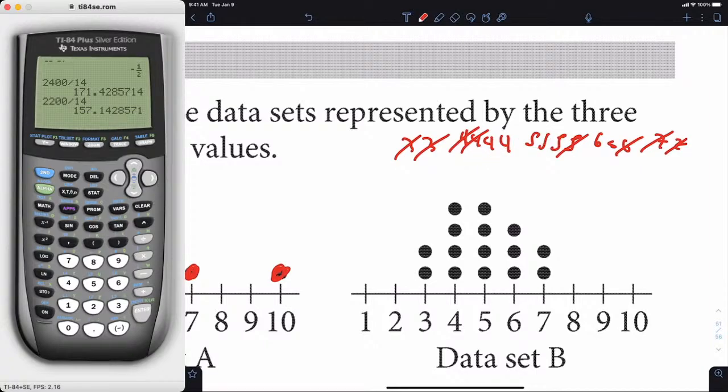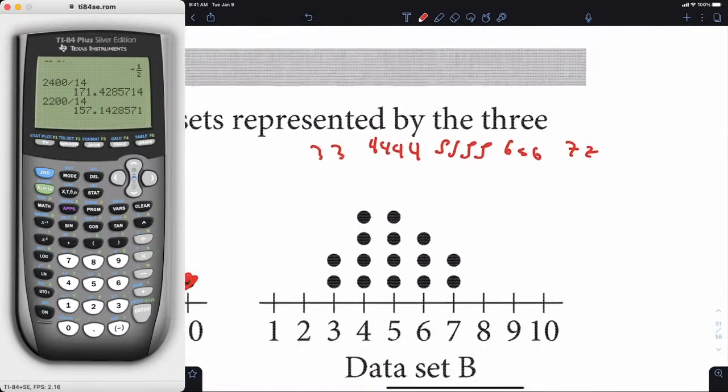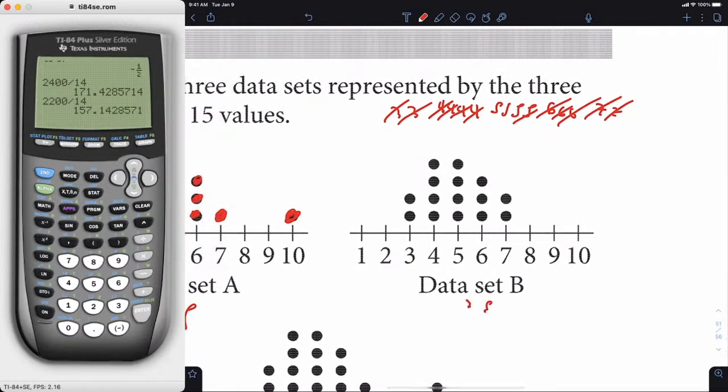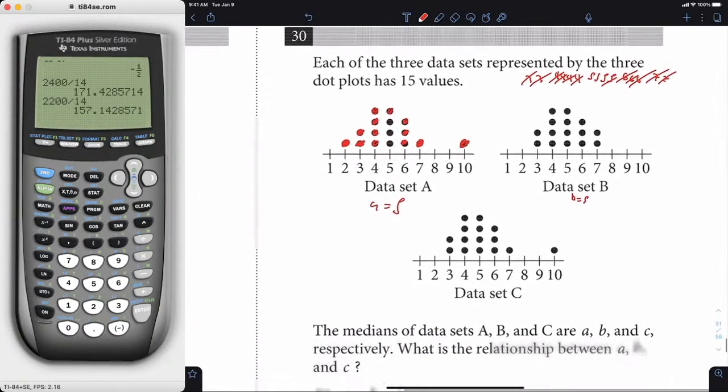Hold up, what happened? I don't know, I'm not good at this stuff. This should be 6, 6, 6. Okay, now 1, 2, 3, 4, 5. Okay, it's 5 again. A is 5, B is 5.